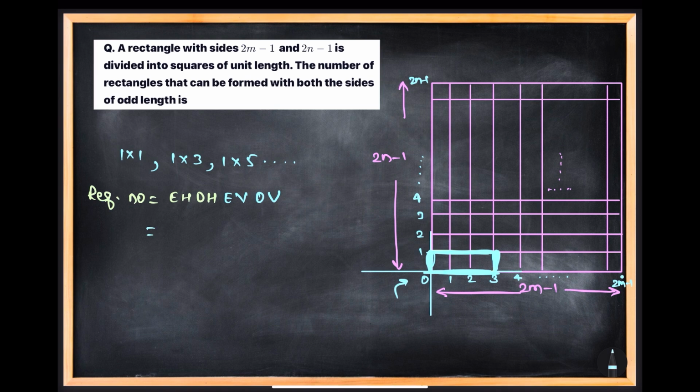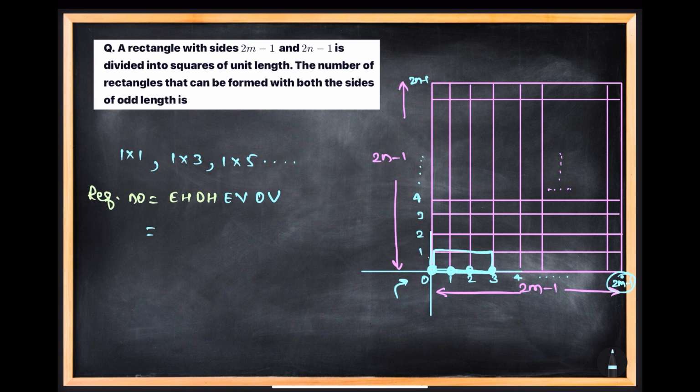Now try to focus on how many horizontal lines we have and how many vertical lines we have. Okay, so look at this. Suppose that you are focused on this 1 cross 3. If I talk about this, here it is 2m minus 1, so I am trying to find out the number of lines. So it is 1 line, 2 line, 3 line, 4 line.